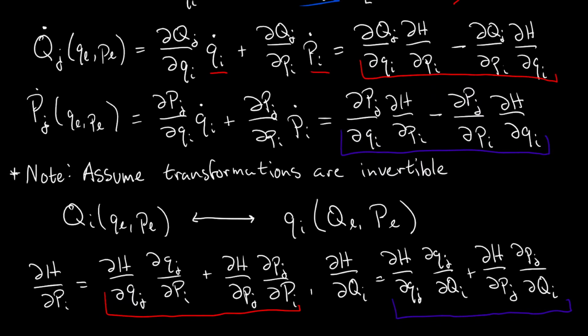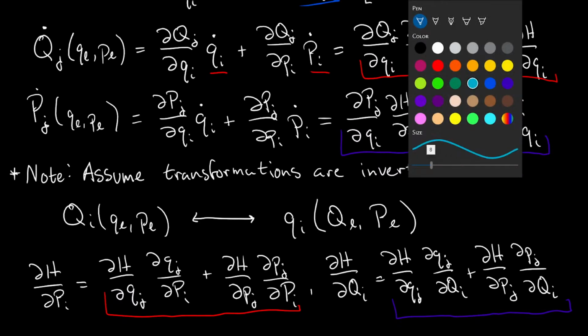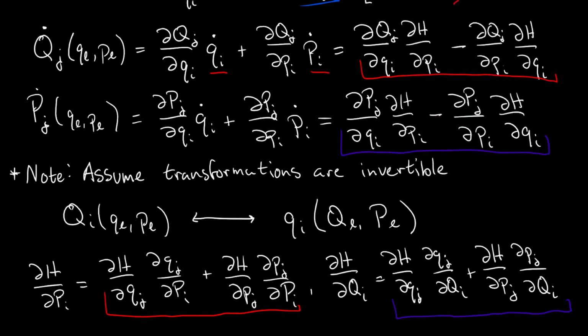So you can see that similar terms are showing up in both, right? I'm running out of colors to use, so I'll increase the size of this a bit. Here I have a dH dQ sub I, and over here I have a dH dQ as well.